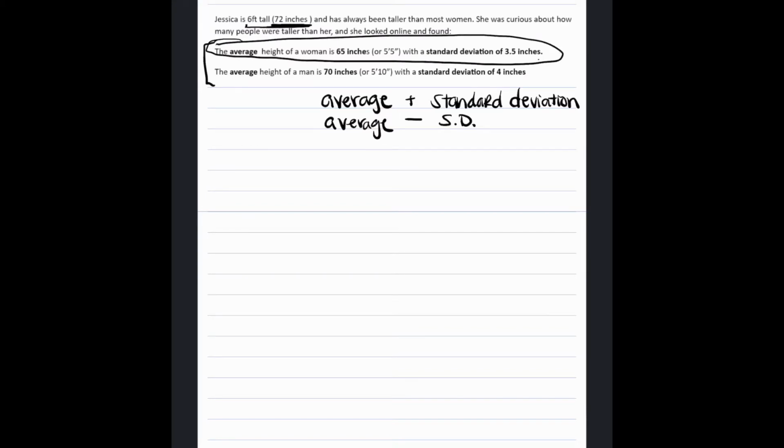So the average height of a woman is 65 inches. So I'm going to go ahead and take that 65, and I'm going to add and subtract the standard deviation. So if I add 3.5, that becomes 68.5. And then I'm going to take my average again, which was 65, and subtract my standard deviation of 3.5.